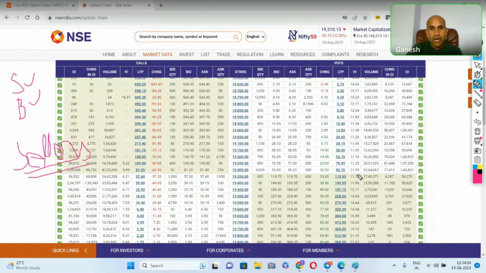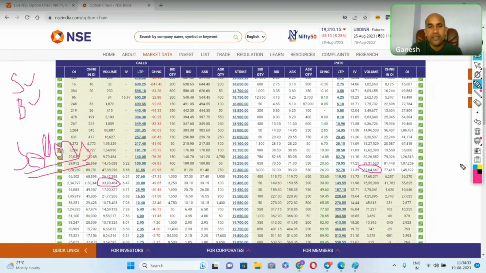So when you mark 19,400 calls sold, I'm talking about sellers, right? 19,400 calls sold at 33 lakh and 19,300 puts sold 52 lakh by FIIs.